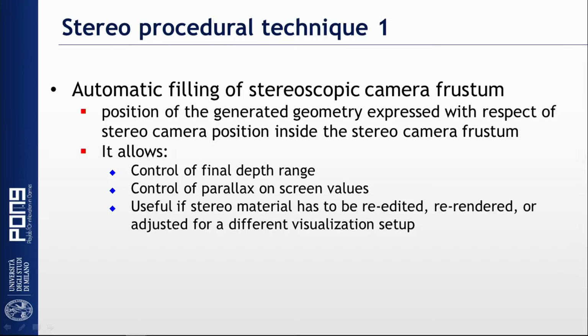In order to have control of the final depth range of the scene, having control of the final parallax on the screen, and using only one parameter, you can also re-edit the scene in case the material must be edited or converted for other setups or other possible solutions.